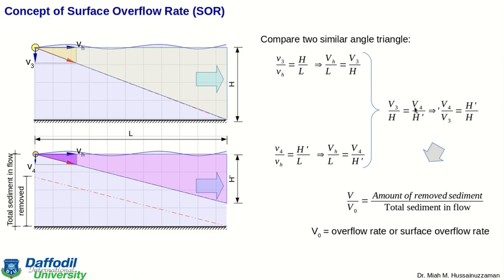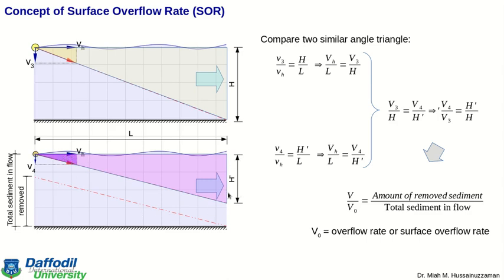So if we compare V3 by V4, the ratio of settling velocities is the ratio of depths covered. You can see from this figure that the lower triangle and the upper triangle are similar triangles, because these two are parallel lines.